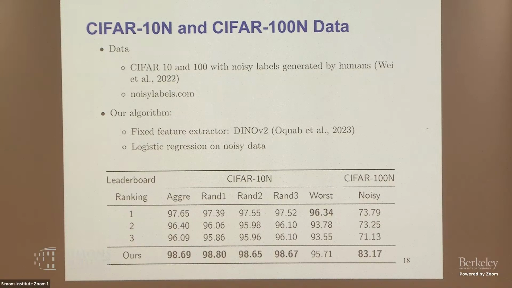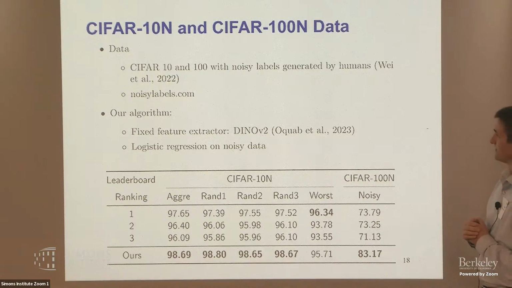The setting is there's a data set that's been curated by some people. They took the CIFAR-10 and CIFAR-100 image classification data sets, and they got some human labelers to assign labels, I think at least three human-assigned labels for each image.